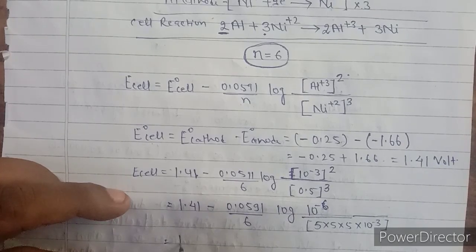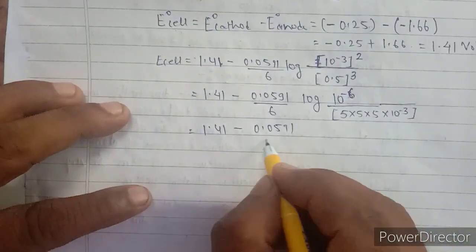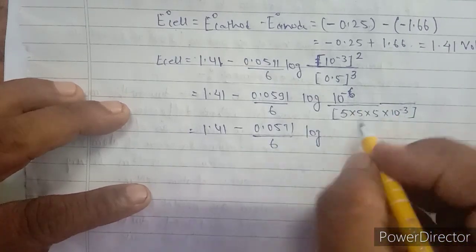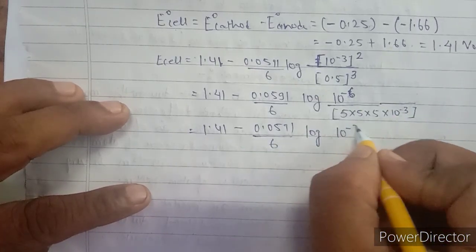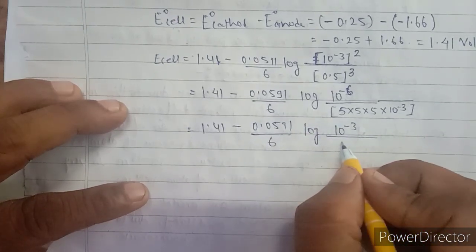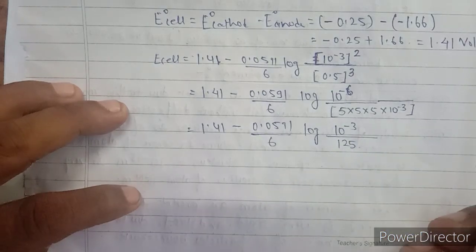You write here 1.414 minus 0.0591 divided by 6 log of 10 to the power minus 3 divided by 125.